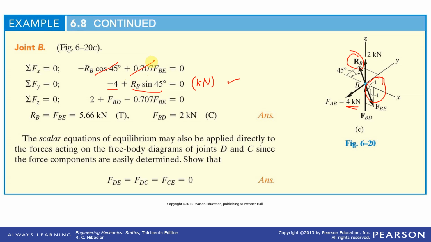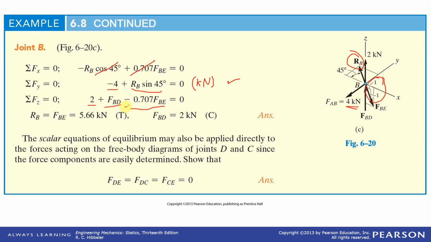They're both the same. And finally, the z direction: the 2 kilonewtons applied, FBD going up, 1 over root 2 FBE going down, negative.